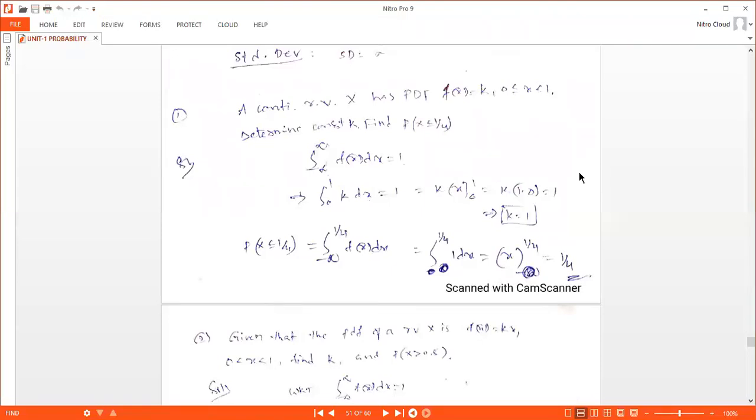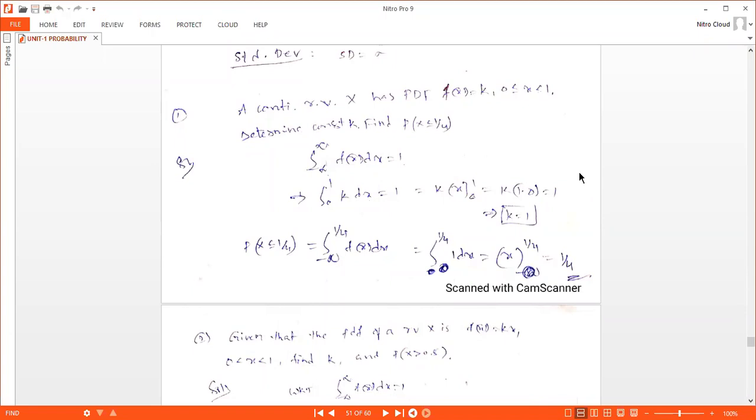Now we need to find the probability value, that is, x less than or equal to 1 by 4. So we need to take the integral from minus infinity to 1 by 4 only, of f of x dx. Here we replace minus infinity with 0 because the function is well defined in the interval 0 to 1.